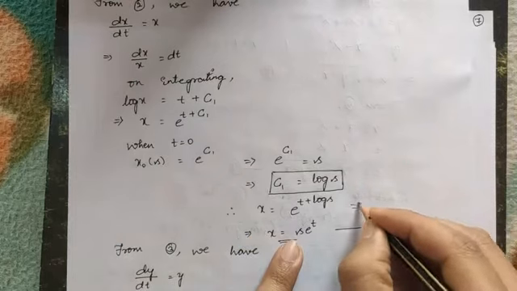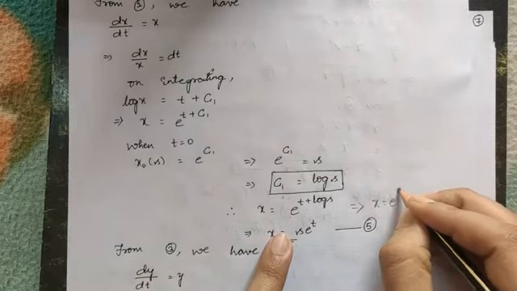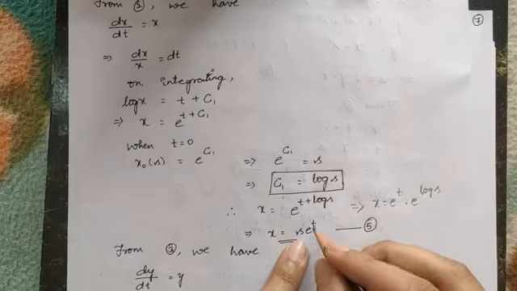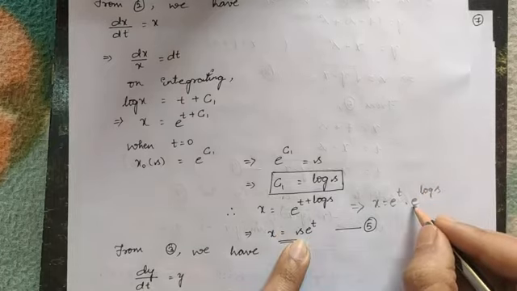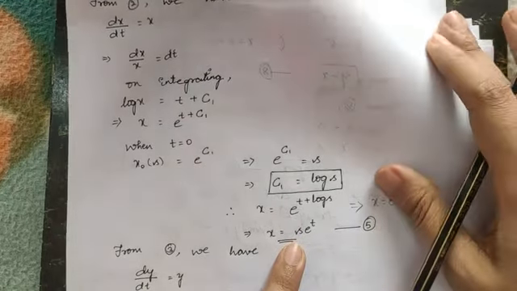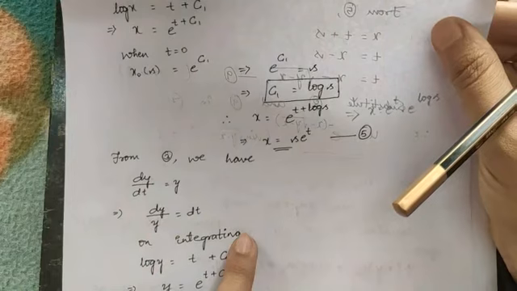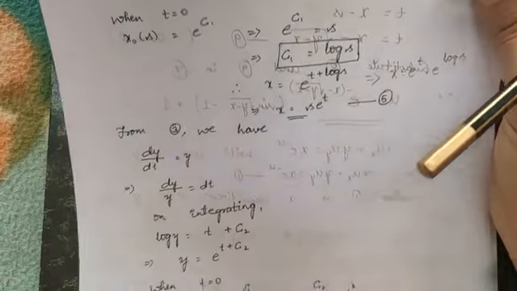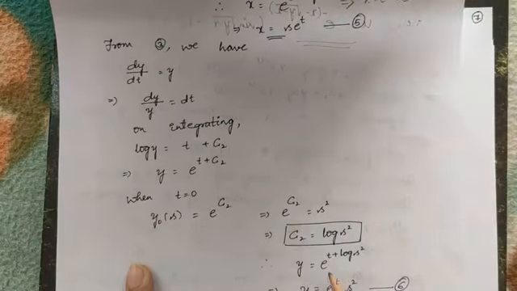So I can write this as x is equal to e power t into e power log s. E power t remains as it is, exponential power log gets cancelled, and you will get s itself. Again I will consider equation number 3. A similar procedure gives the value of y.